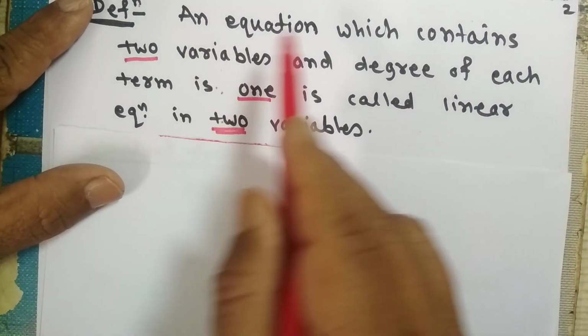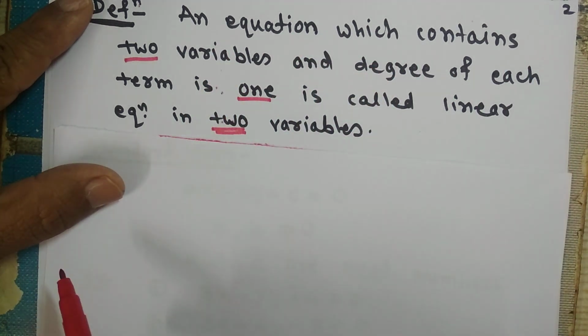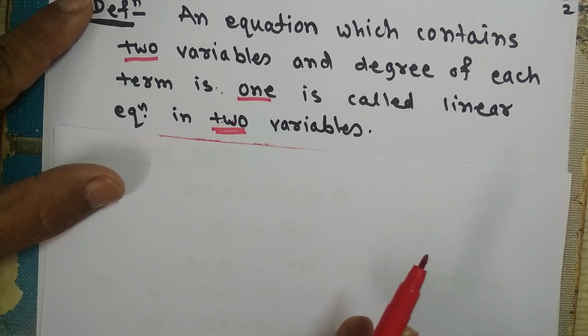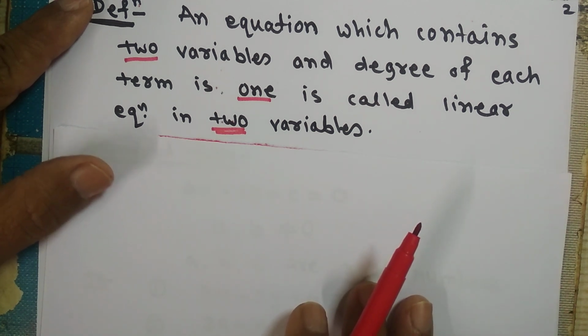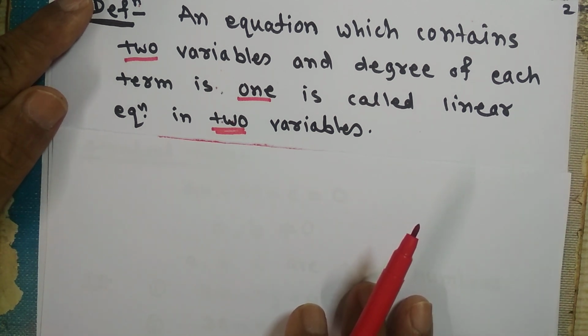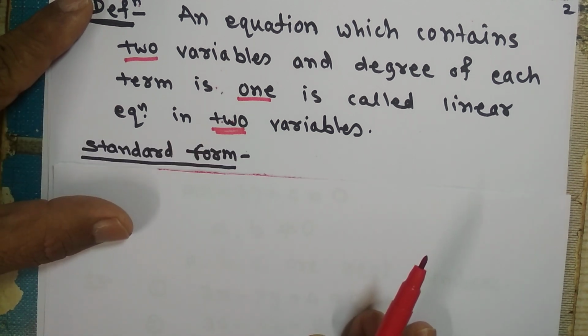Once again, an equation which contains two variables and degree of each term is 1 is called linear equation in two variables. In this case, we have to see the standard form of the linear equation in two variables.